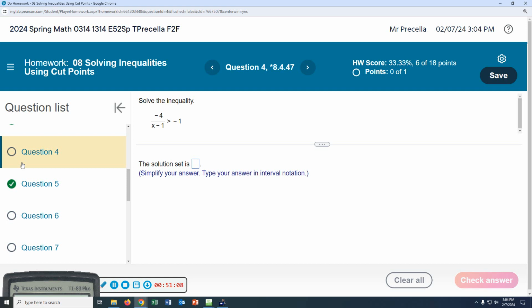Yeah. Let's see. Negative 4 over x minus 1 is greater than negative 1. How do we know there's going to be a denominator cut point? Well, we have a fraction, right?